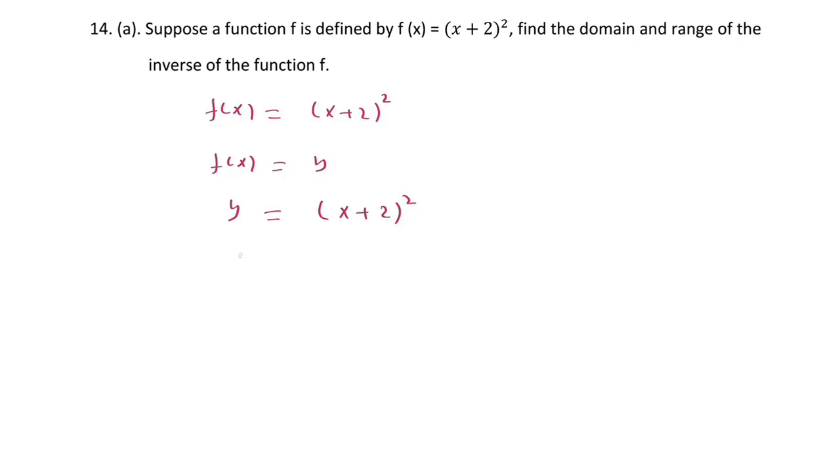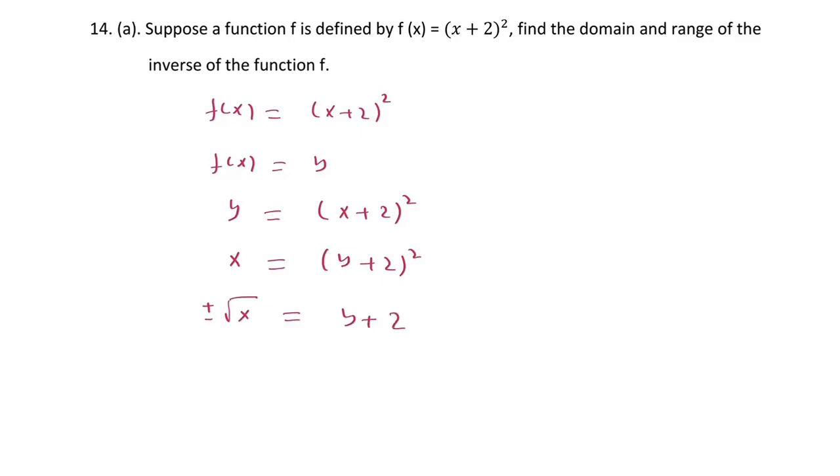Then our equation is going to be x equals (y plus 2) squared. Next we are going to apply square root to both sides in order to eliminate the square, and we have to remember to apply the plus or minus for the root. Then our expression is going to be plus or minus root x equals y plus 2.